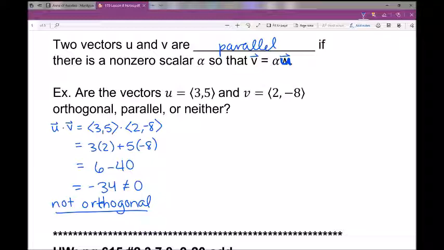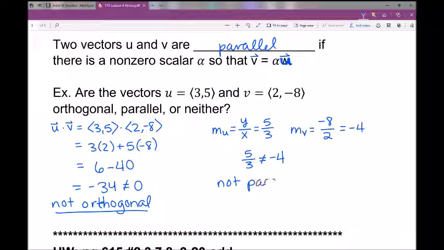So the slope of vector u is going to be y over x, which is 5 over 3, and the slope of vector v is going to be, again, y over x, which is -8 over 2, which is -4. Okay, now I think it's pretty obvious here that there is no way that 5/3 is equal to -4, and so we know that these two vectors are not parallel.